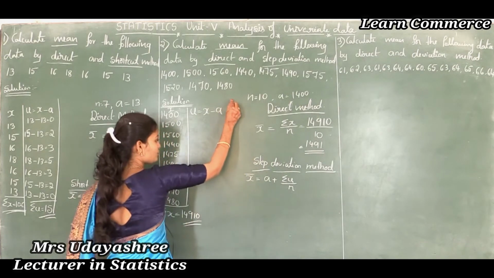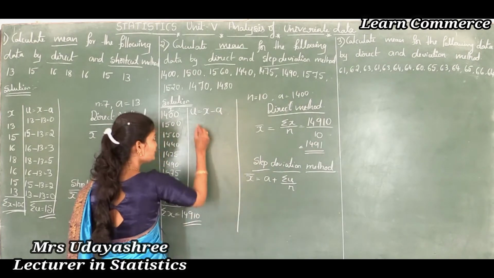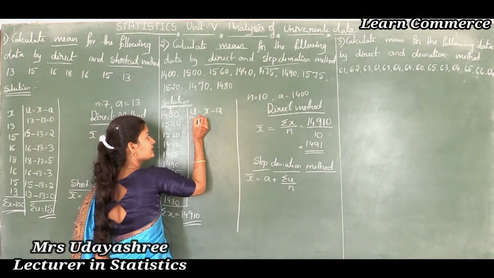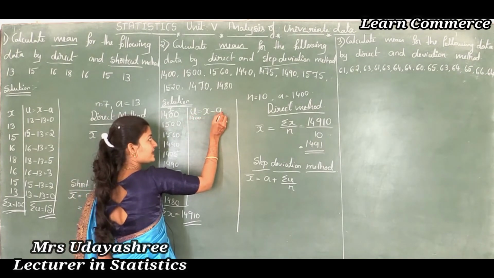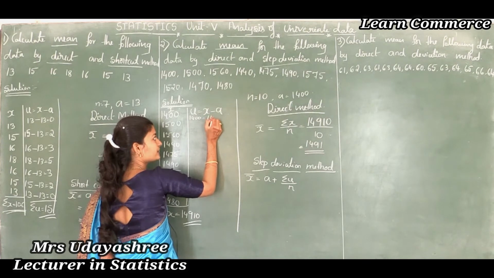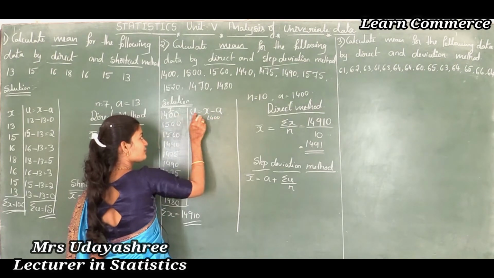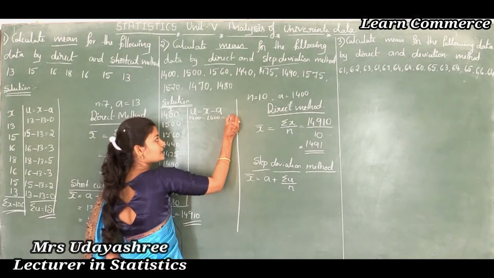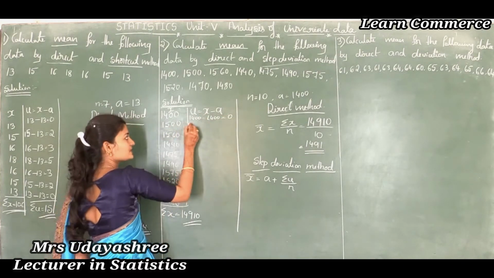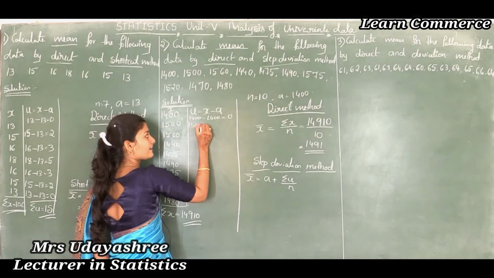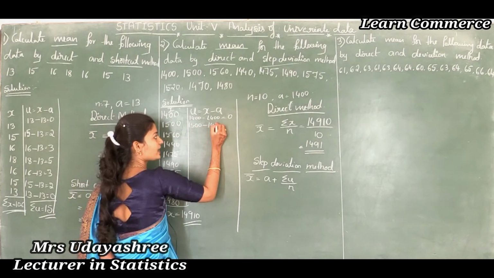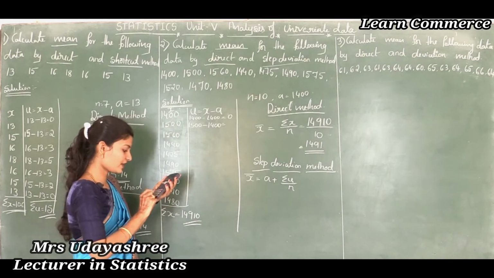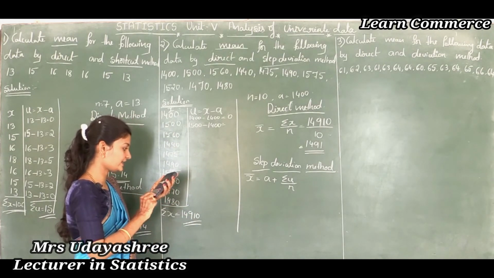I will substitute values in the formula for u. The first x value is 1400 minus a, which is 1400, so 1400 minus 1400 is 0. Next x value is 1500 minus 1400, which is 100.